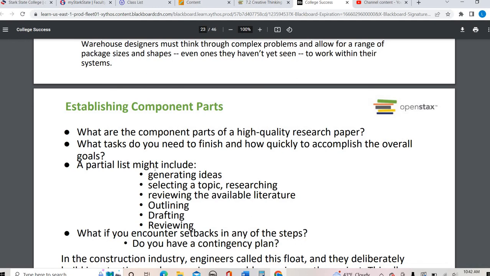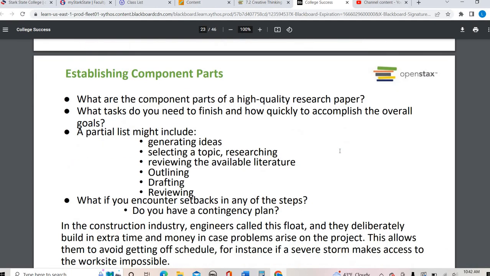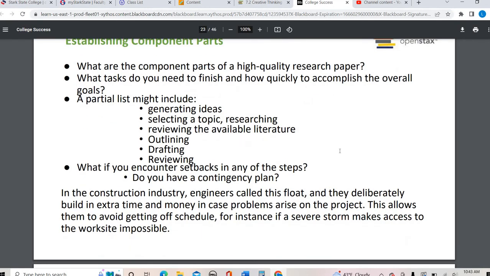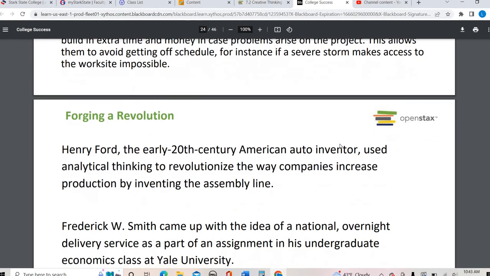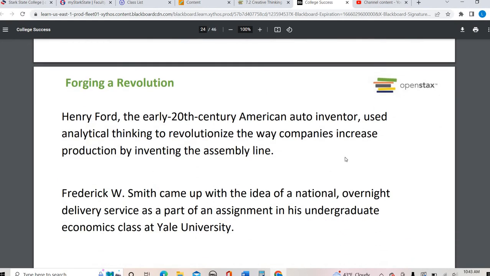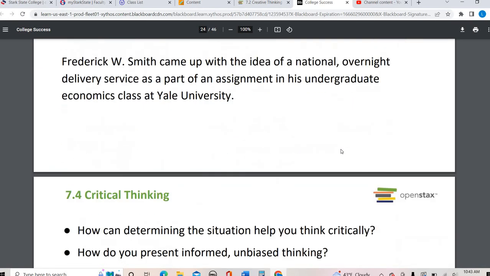It also uses this idea of component parts. If you've ever looked at this in terms of a research paper, this goes into how to look at something in parts. This is also where the assembly line came from, looking at ways to increase production. They use Henry Ford and the assembly line.